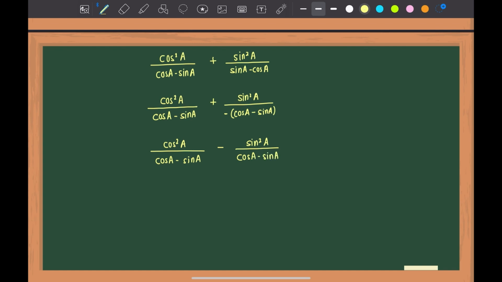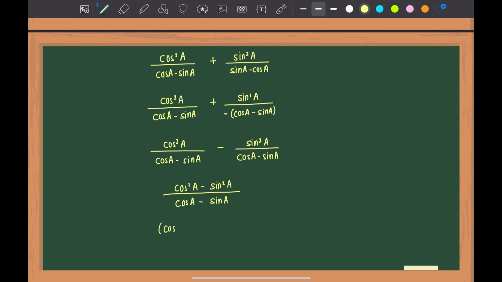So when we'll be taking the LCM, it will be as it is. So cos square A minus sine square A divided by cos A minus sine A. We can already see that over here it is in the form of a square minus b square. We can convert this into a plus b and a minus b.